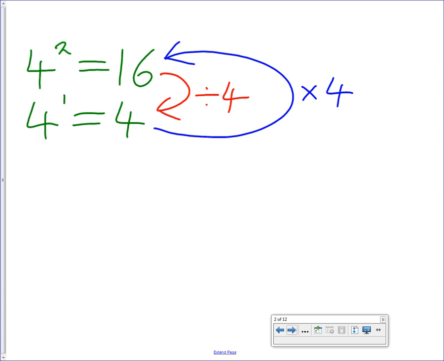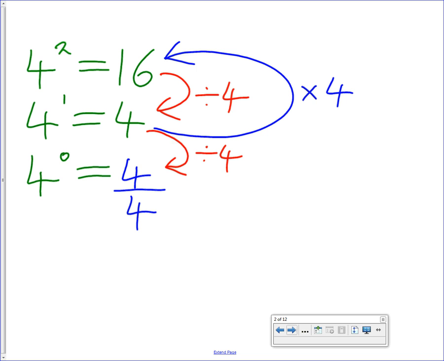And so if we continue the pattern down, we've got 4 to the power of 0 equals 4 divided by 4, 4 over 4. So of course, that will just be 1 once again.